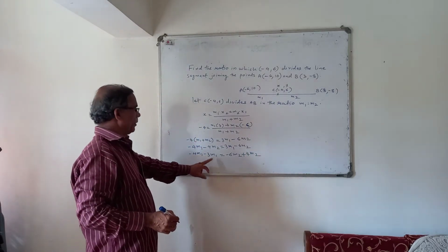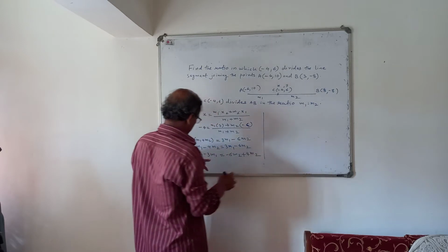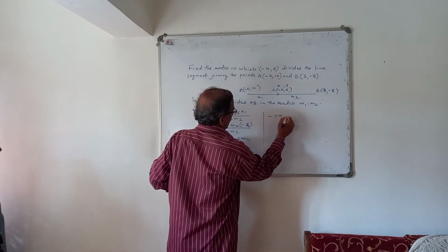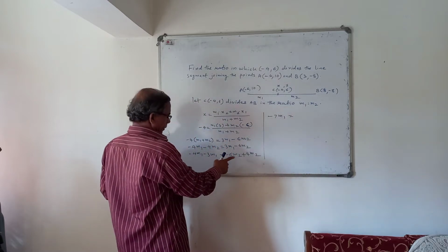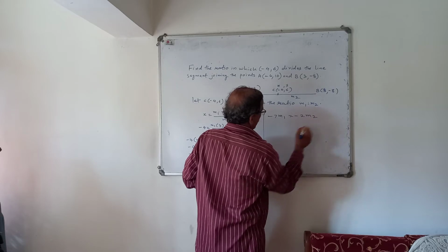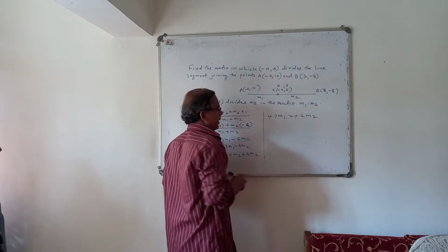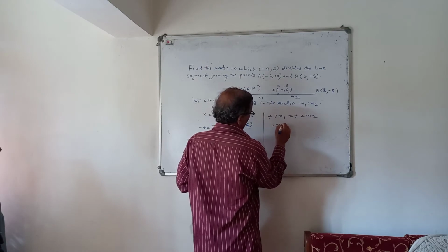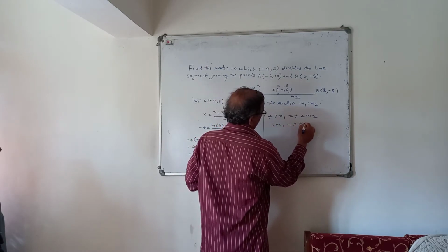So minus 4 minus 3, I shall write here, so it is minus 7m1 should be equal to minus 6 plus 4, means minus 2m2. Minus sign will get cancelled. So what is remaining now? 7m1 is equal to 2m2.